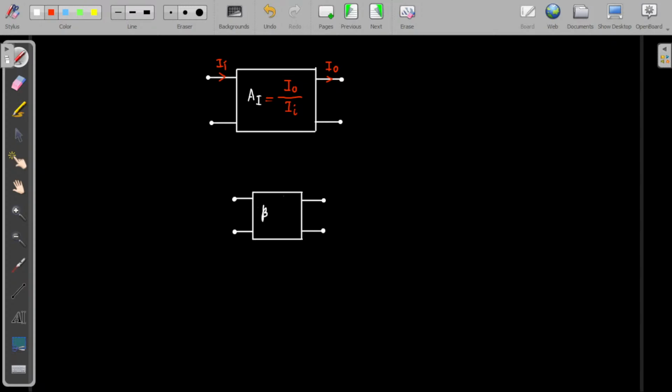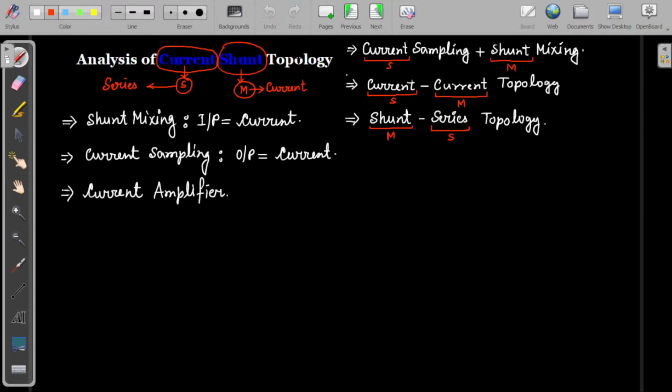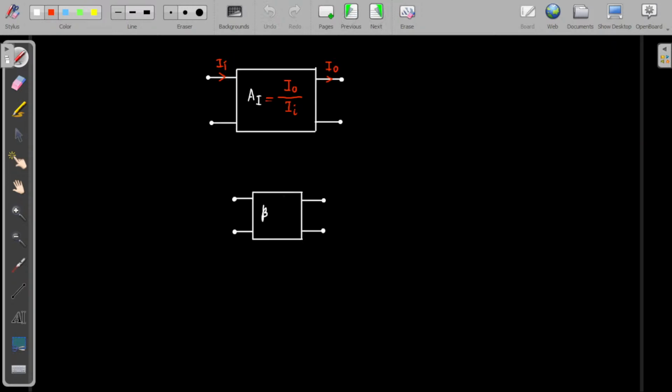What is the mixture? The mixture was shunt type. So let us draw the shunt type mixture. Let us draw the shunt connection.